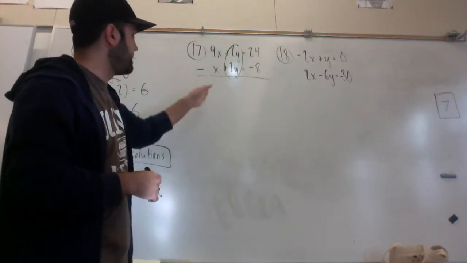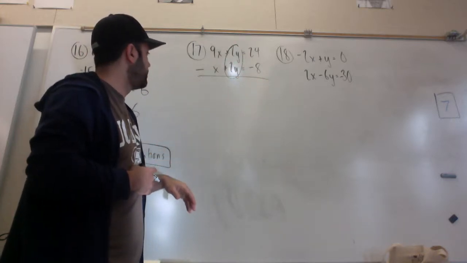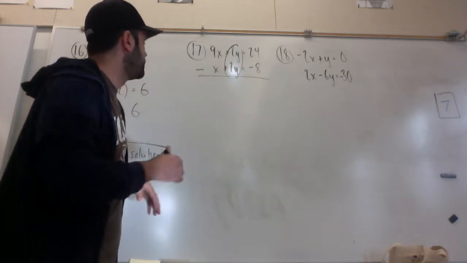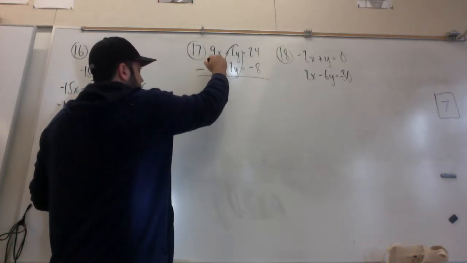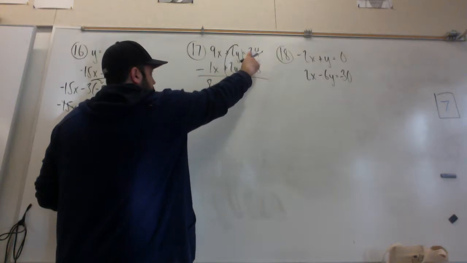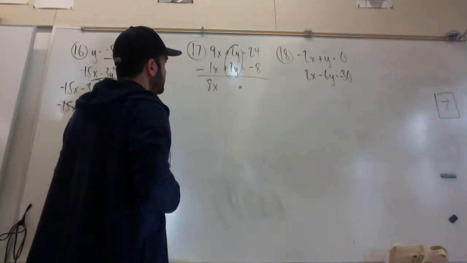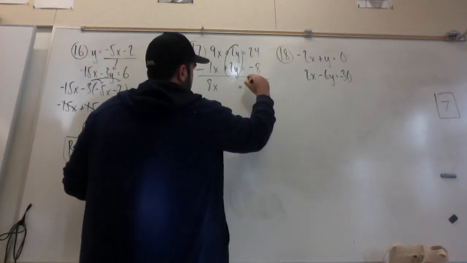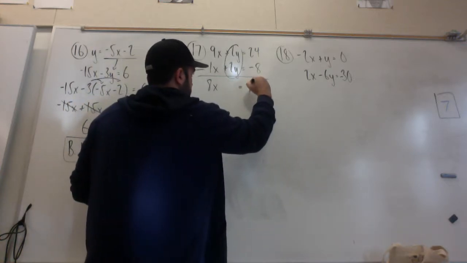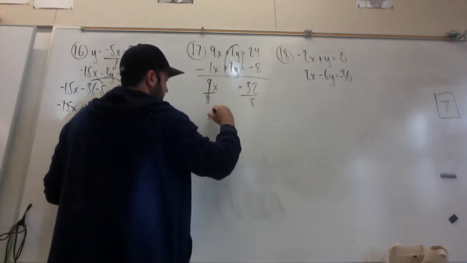Right, so we're subtracting here vertically as we used to do with addition, subtraction, multiplication, etc. So 9x minus, this is a 1x, is 8x equals 24 minus negative 8, that's like 24 plus 8, so that's 32. All right, divide by 8, we get that x equals 4.